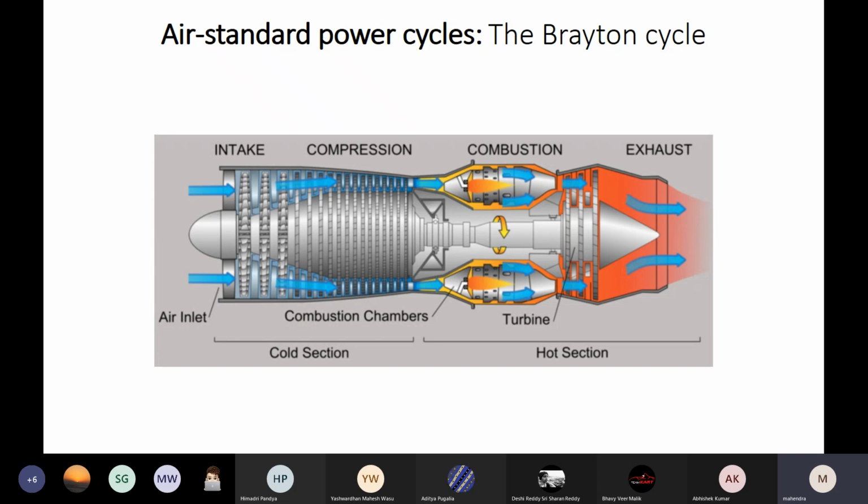The rotating shaft is connected to a generator, which converts this mechanical energy, the shaft power, to electrical energy, just as in some places we connect a diesel engine to an electrical generator. Based upon these two applications, we can classify this system as open cycle and closed cycle.